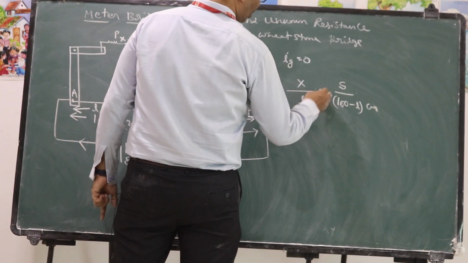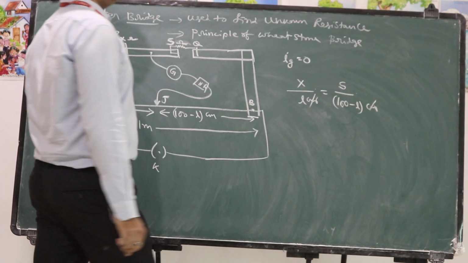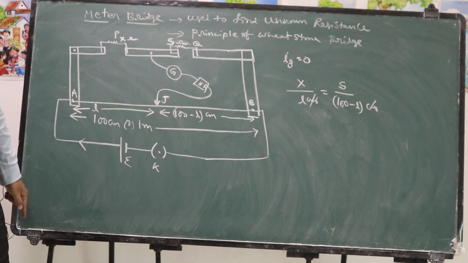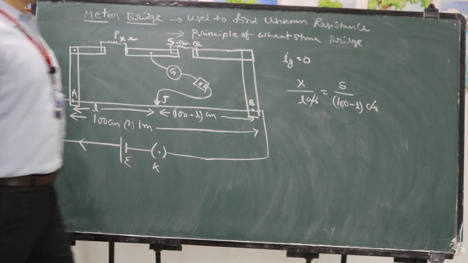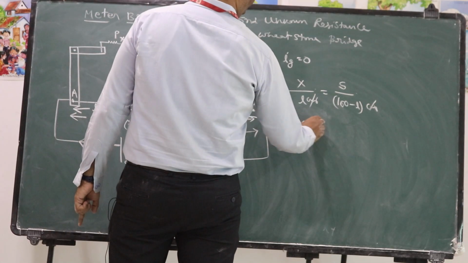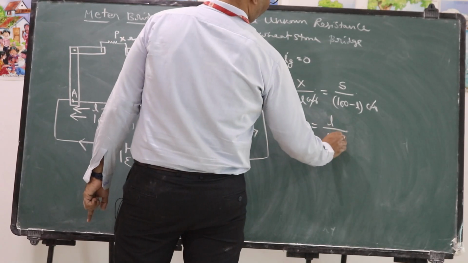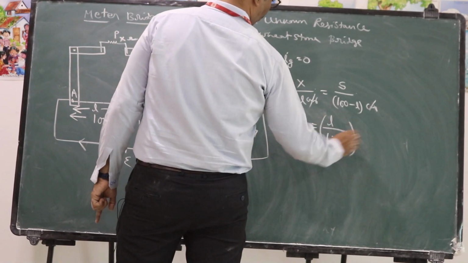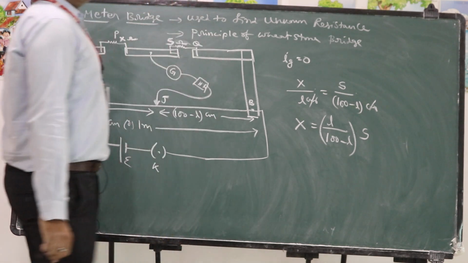Here L also we have taken in centimeters. Anyway, centimeter gets cancelled. X by L is equal to S by 100 minus L. We need the unknown resistance, which can be identified by taking the ratio into the standard resistance.